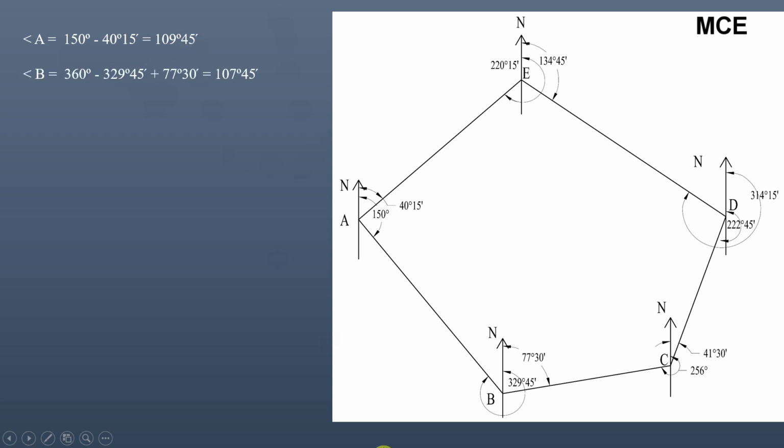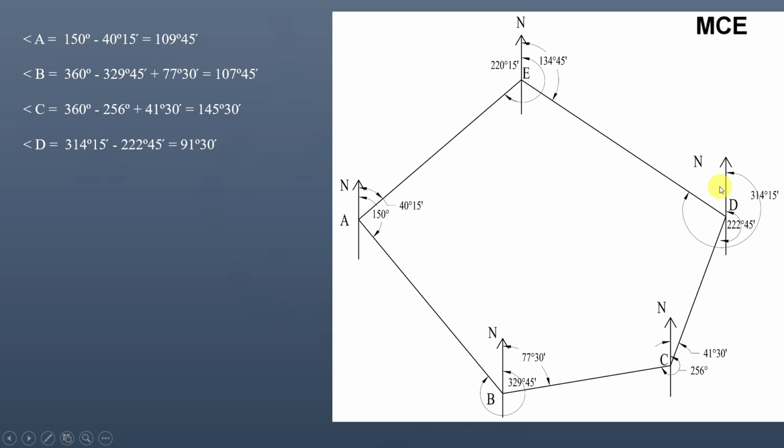Similarly, angle B will be equal to 360 degrees minus the back bearing of line AB plus the fore bearing of line BC, which is 360 minus 329 degrees 45 minutes plus 77 degrees 30 minutes, which is equal to 107 degrees 45 minutes. Angle C will again be equal to 360 degrees minus the back bearing of line BC, which is 256 degrees, plus the fore bearing of line CD, which is 41 degrees 30 minutes, and its value will be equal to 145 degrees 30 minutes.